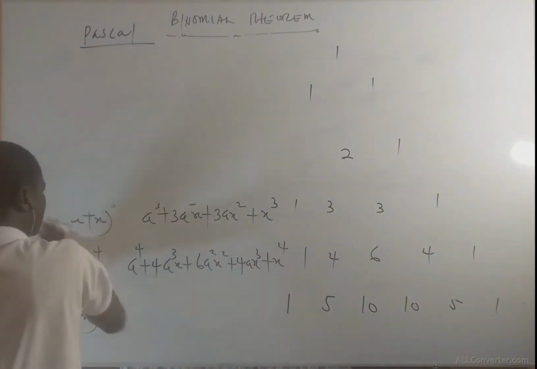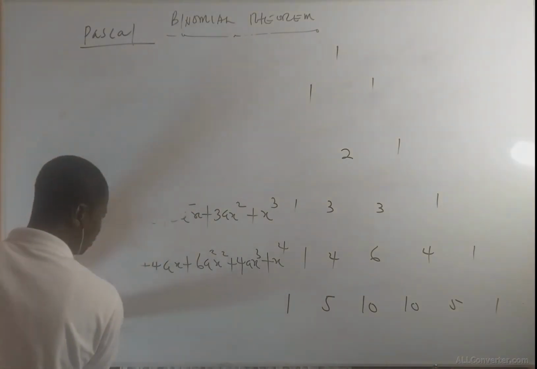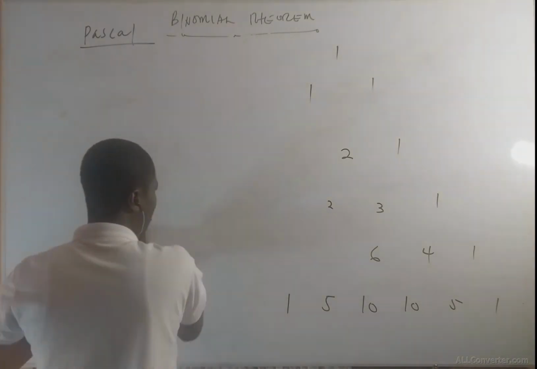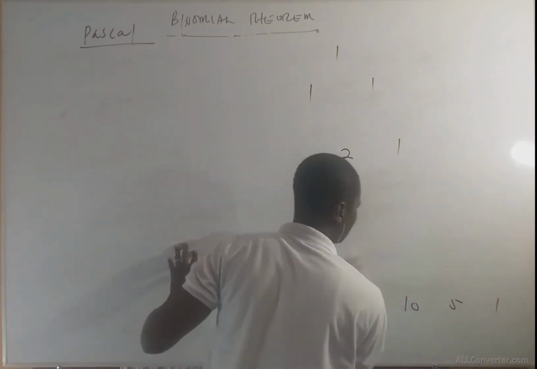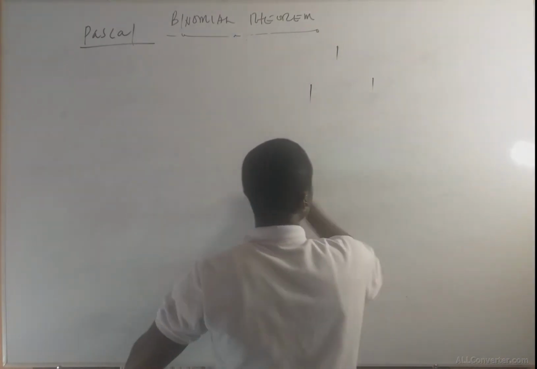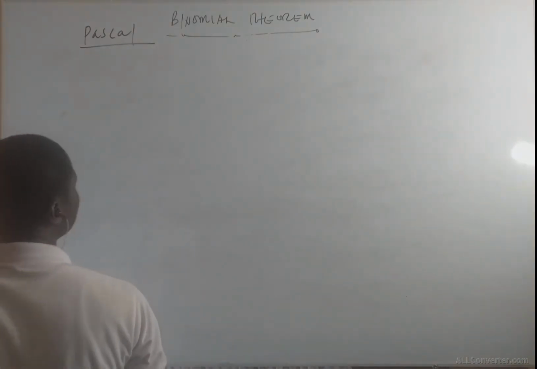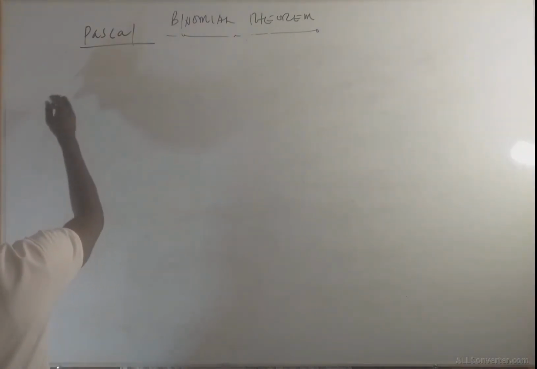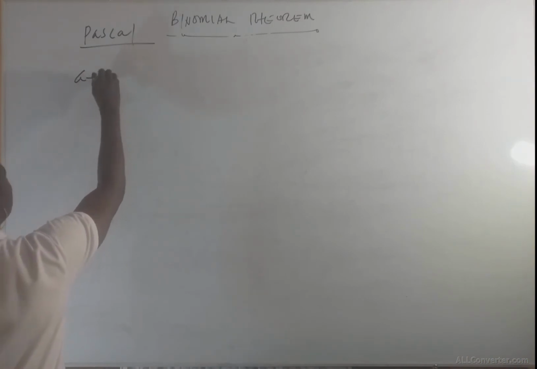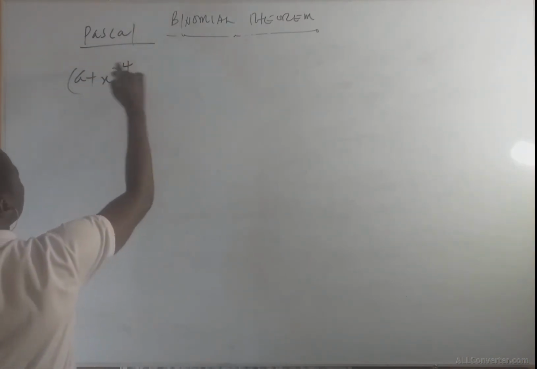So we are still under the Pascal triangle. We are still looking at how to use the Pascal triangle to solve binomial expansions. Now, let's assume that you are given a plus x exponent 4. I want to teach you something now.